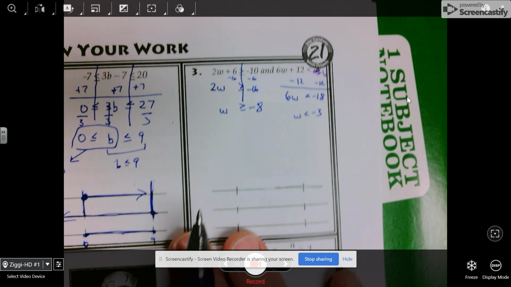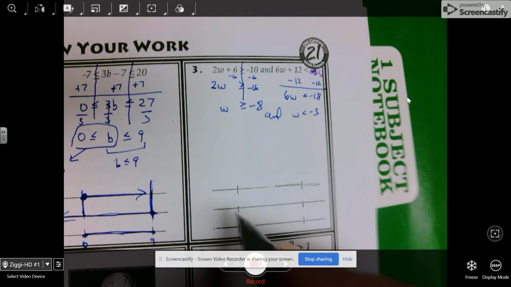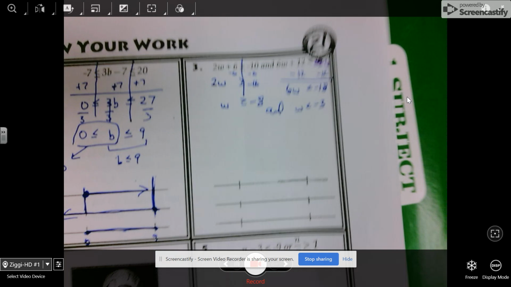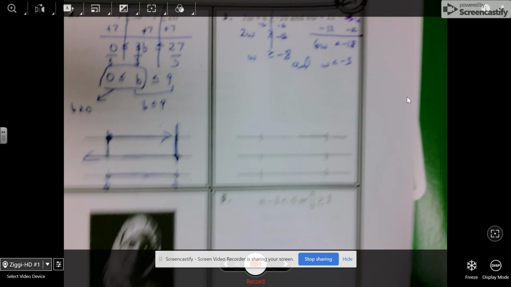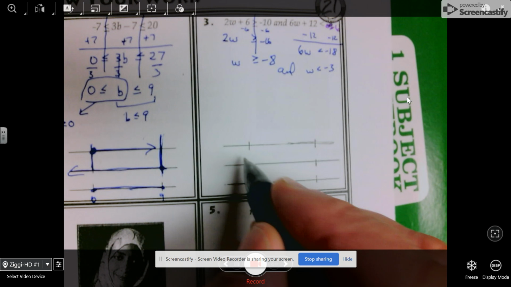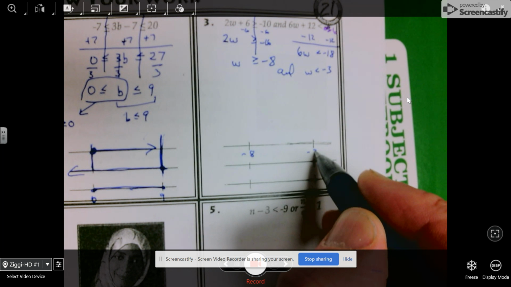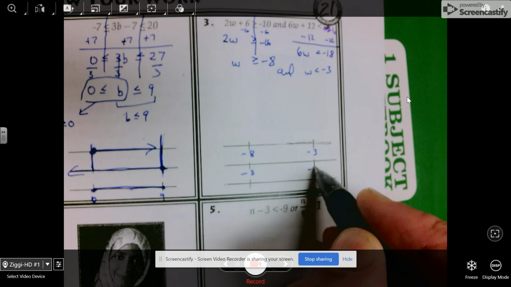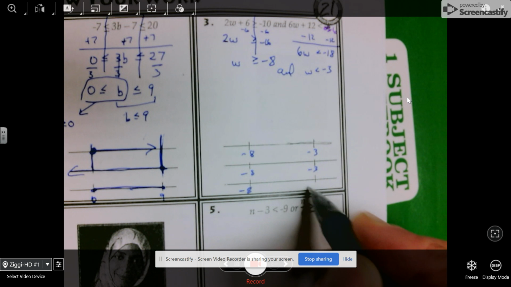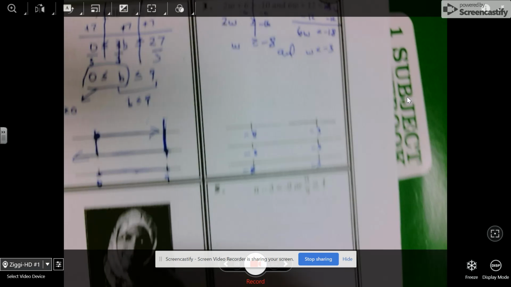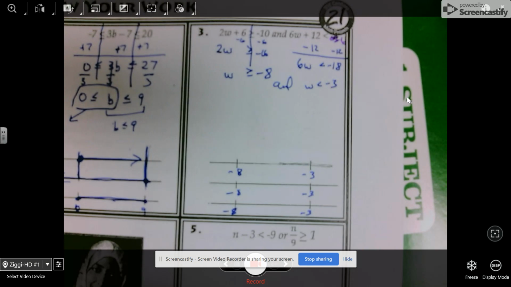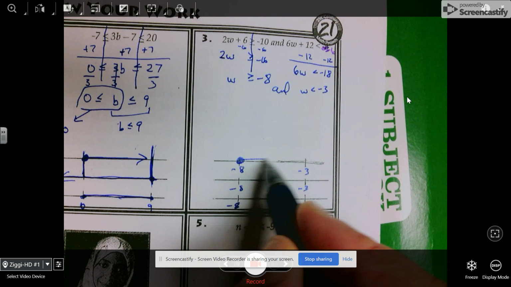So this is AND. And so I like to take my two numbers and put them on the number lines down here. So negative 8, negative 3. And then just graph each individual one, and we're going to see if they overlap. So W is greater than or equal to negative 8.